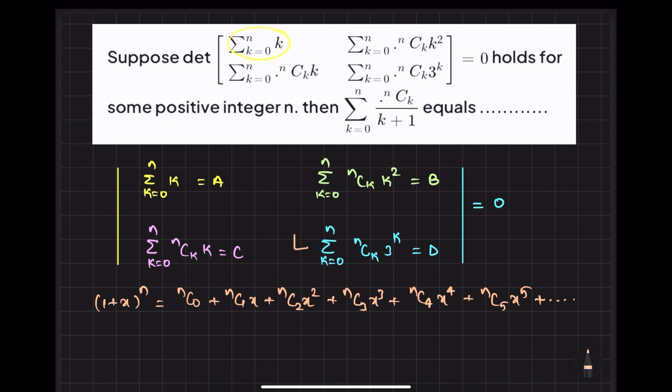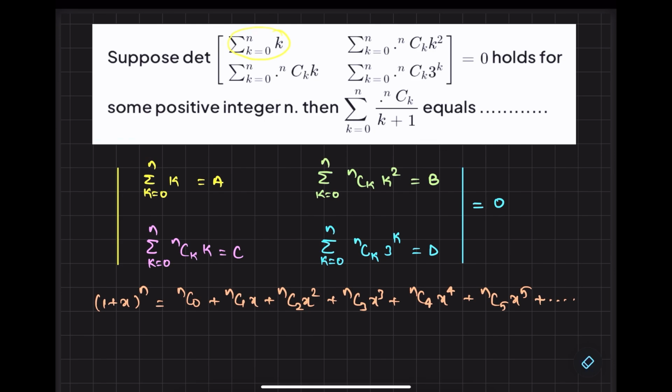First, try to keep your eyes on this part. Whatever the lower subscript of C is, the 3 is taking the same power. So nC0 3 power 0, nC1 3 power 1, nC2 3 power 2, and don't you think in place of x these guys are using 3?